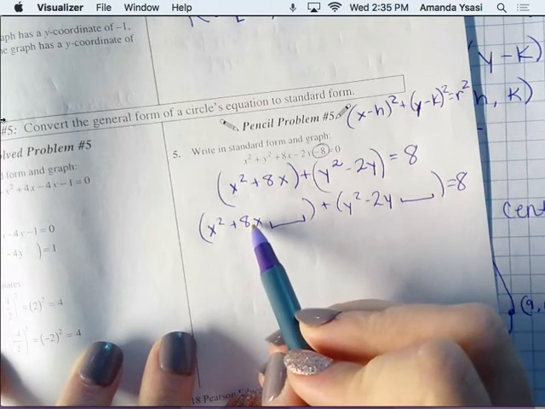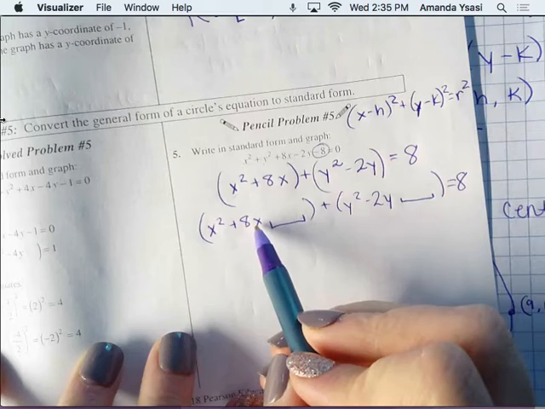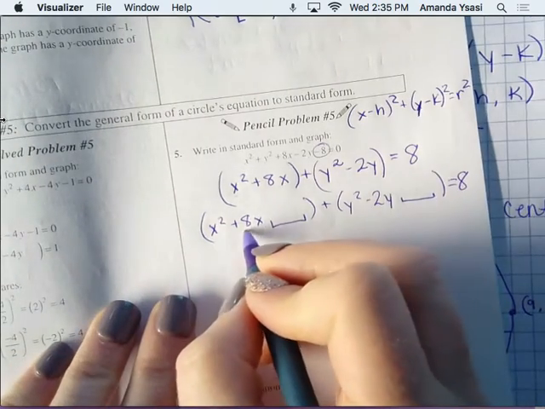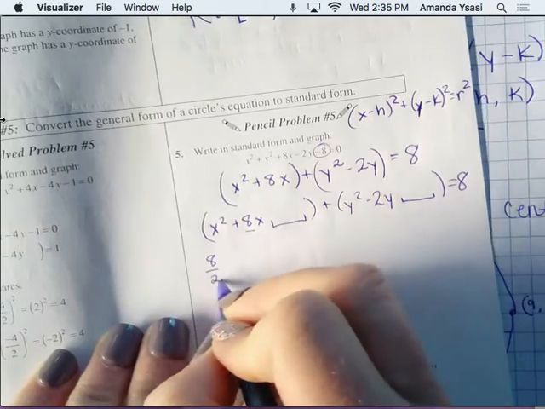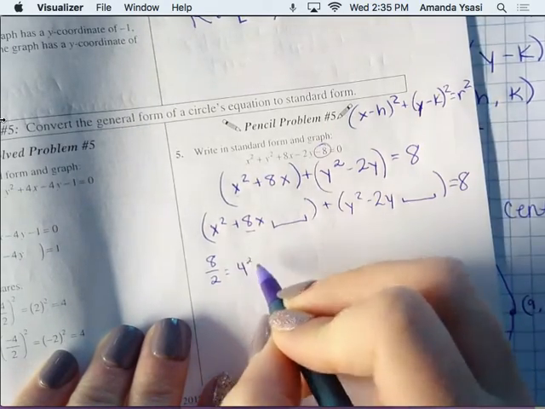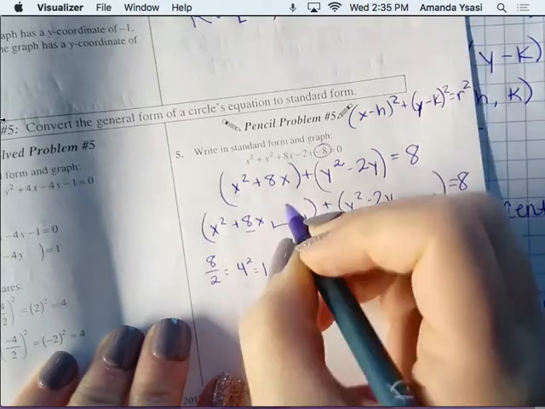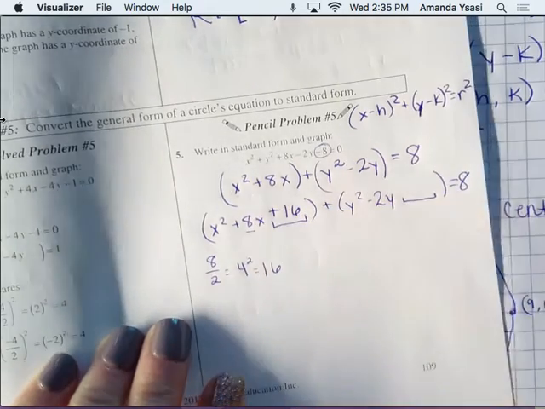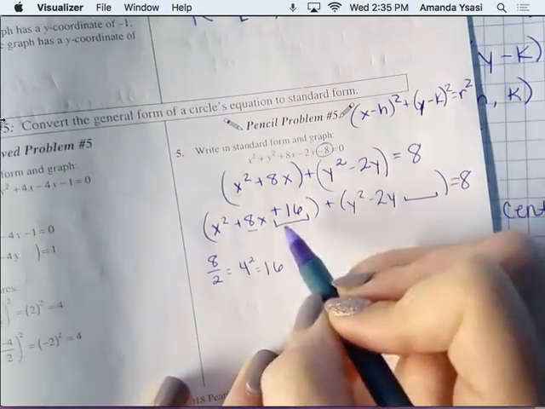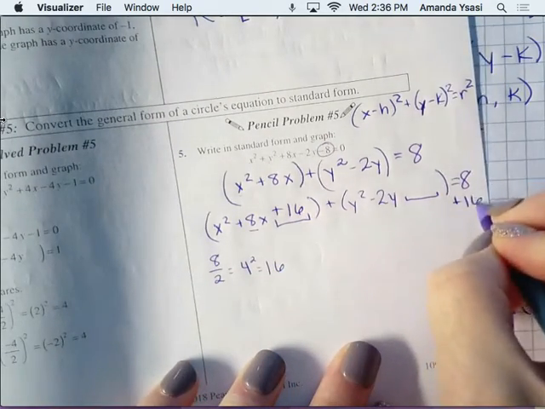So you take b and you divide it by 2 and then you square it in order to complete the square. So 8 divided by 2 is 4 and then square it. So this will be plus 16. So if I add 16 over here, I have to add it over here.